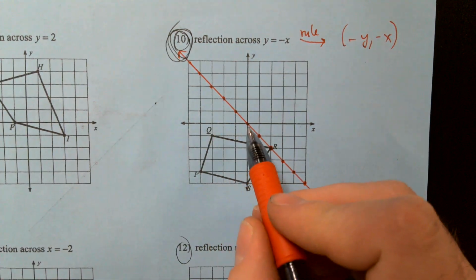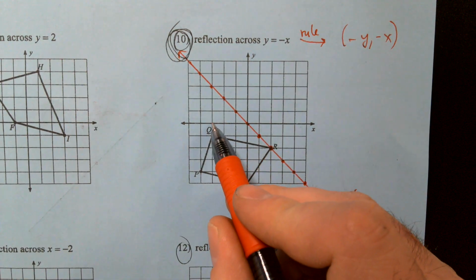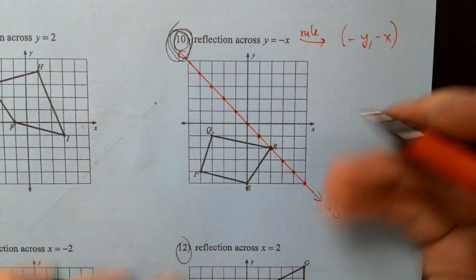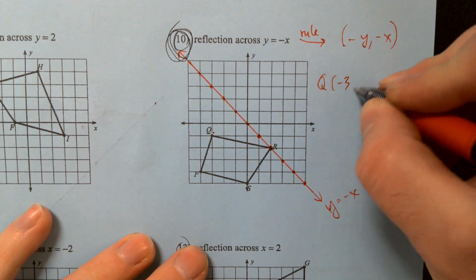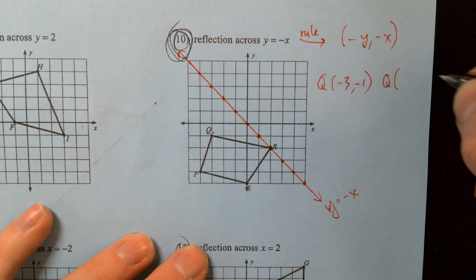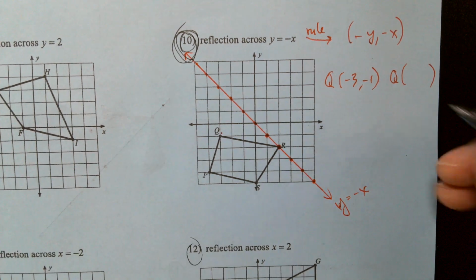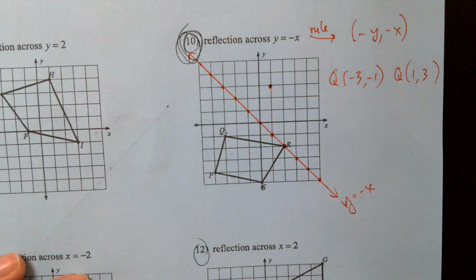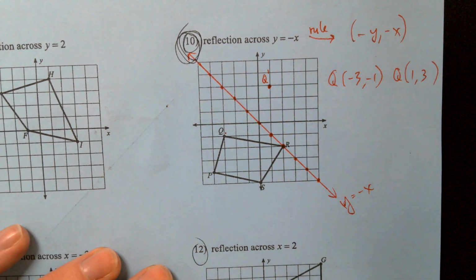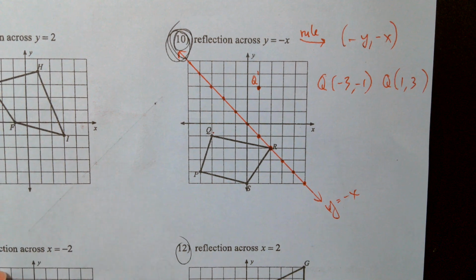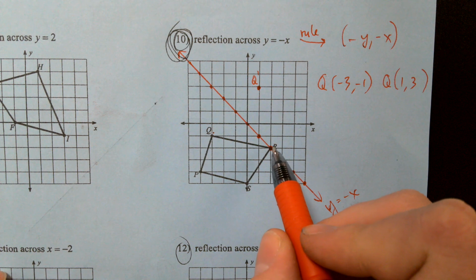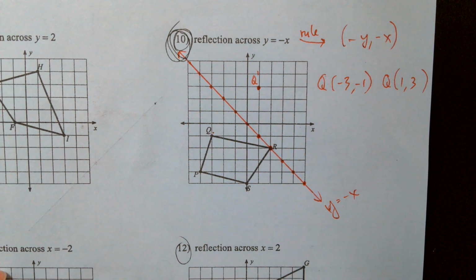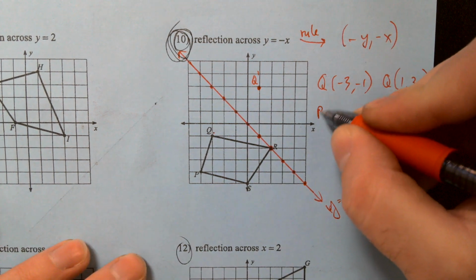So Q is at negative 3, negative 1. Q prime is going to be, I'm going to flip them and make them both positive, 1, comma 3. There's Q prime. That looks about right. R is at 2, negative 2.